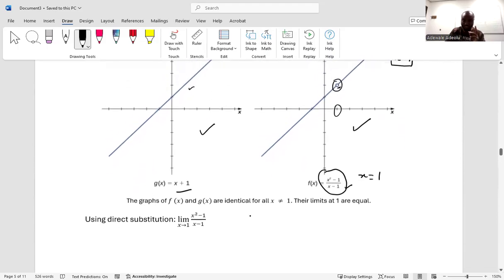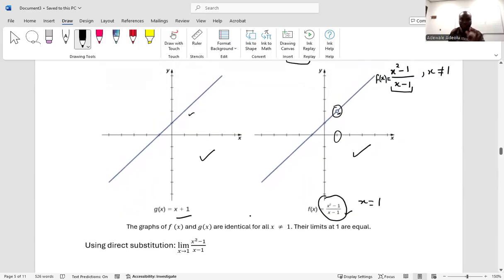One more observation: let us talk about the limit. We only talked about the y value. Let us talk about the limit now. So as x approaches 1 from the left and from the right for this function, we realize that the limit as x approaches 1 of g of x is, is it 1?